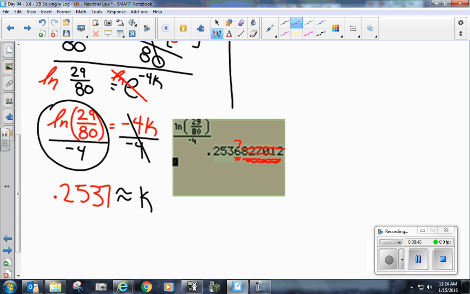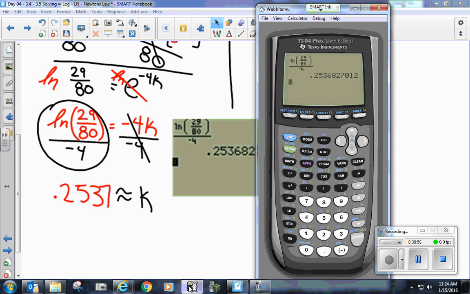So what I'm going to do is store that. The beautiful part is there's actually a K above the 8, the parenthesis. If I hit alpha, parenthesis, that's my K. So I'm going to take my answer, hit the store, and I want that right in K. Look at that. So now when I solve the problem, I just put in K. That whole long decimal is in there.